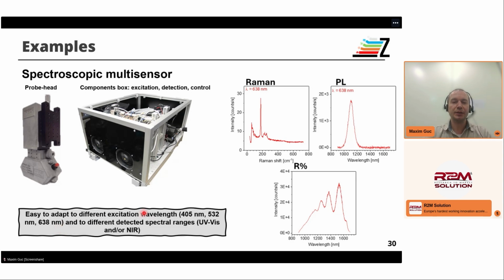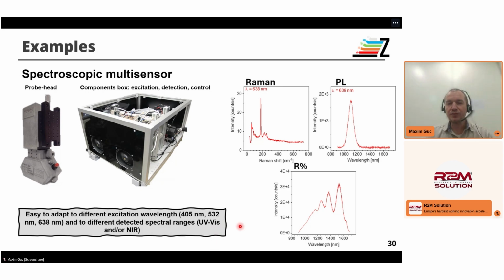And then in the case of photoluminescence and reflectance, we can select different spectral ranges to be analyzed, so we can work in the near ultraviolet and visible range, or the near infrared range, or in both ranges if needed. So we can extend to the full range from the near ultraviolet to the near infrared.